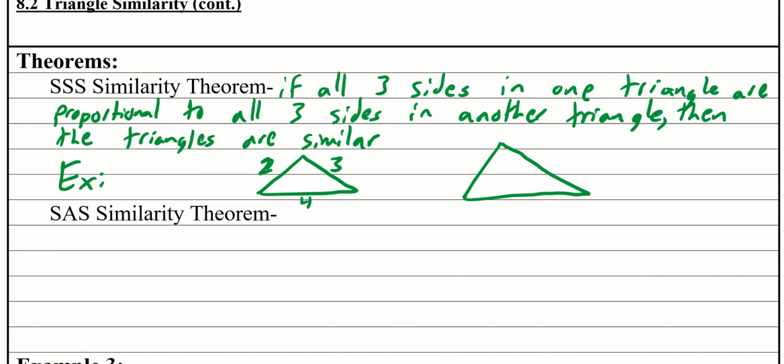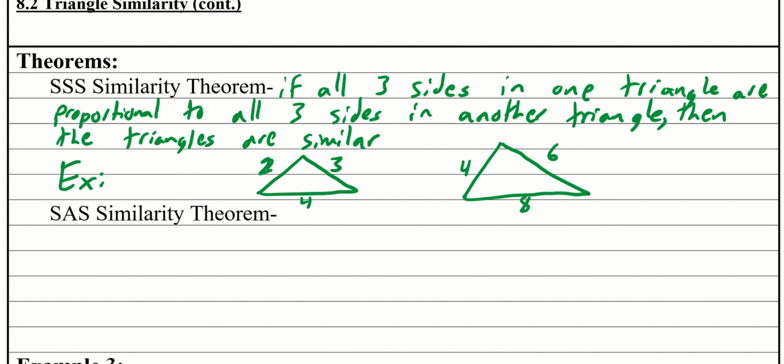So for instance, let's have a scale factor of 2. We're just going to multiply everything by 2. This would become 4, this would become 6, and this would become 8. That would be enough to say that those triangles are similar. That's all I'm really looking for, and then I can use that to solve for different variables and different measurements. So that's side, side, side.